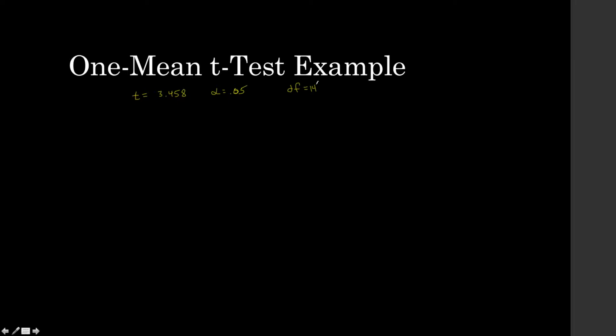So scroll down the page to 14 and look for 3.48 in that row. Well, 3.48 is larger than any of the values in that row. So look up at the top. That's 0.005. Remember what I said, our alpha values as we go to the right get smaller.